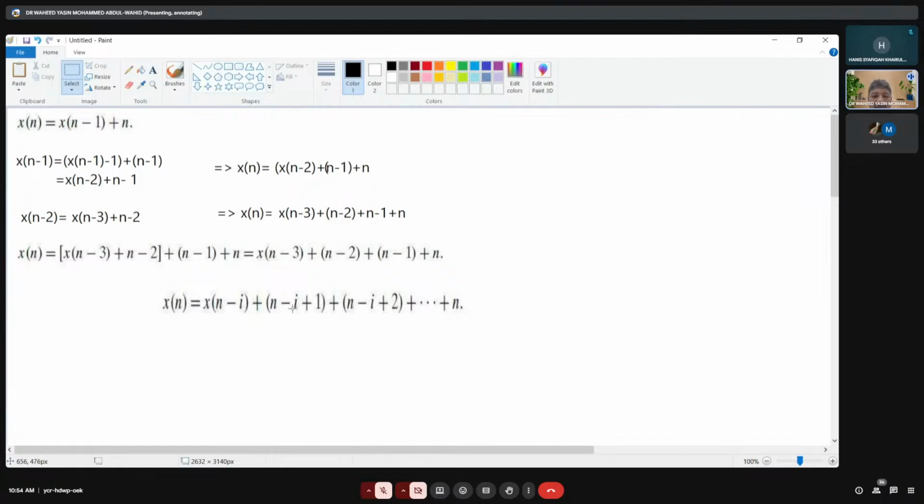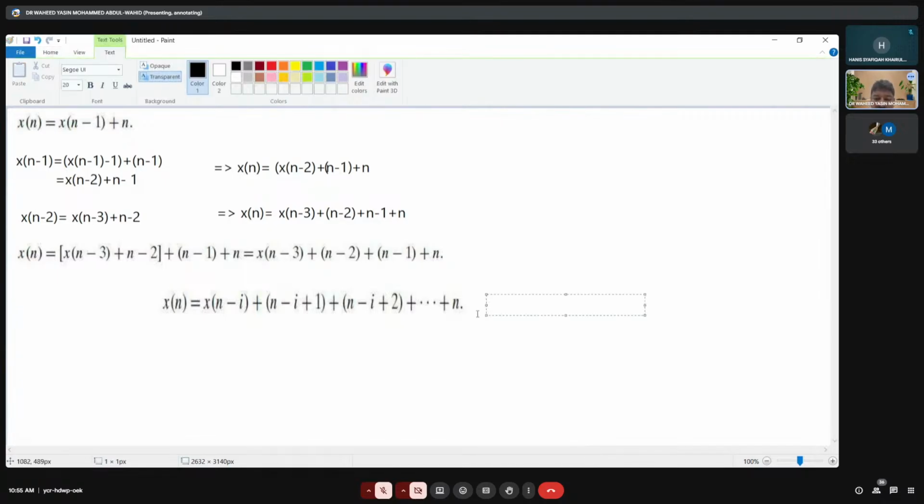Here n minus 1 will be 0 plus 1, 0 plus 2 plus n. After getting this pattern, if I equal to n, what will we have here?